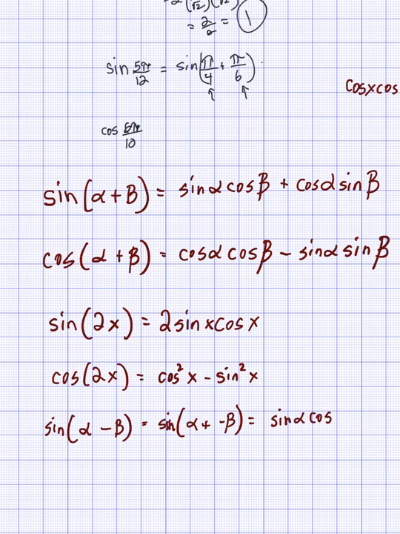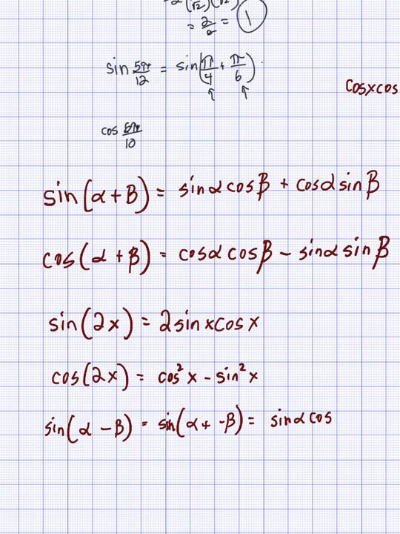But, well, what's the cos of negative beta? Well, the cosine of an angle going this way or this way is going to be the same. Cos of negative 3 is the same as cos of positive 3. It doesn't make a difference, because whether you go this way on the curve or that way on the curve, the distance to the right is going to stay the same for both.